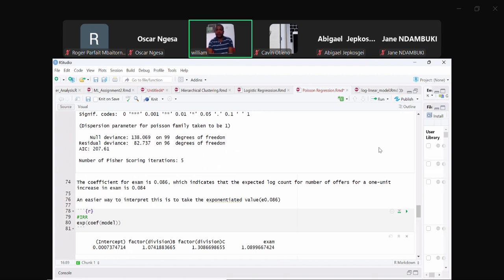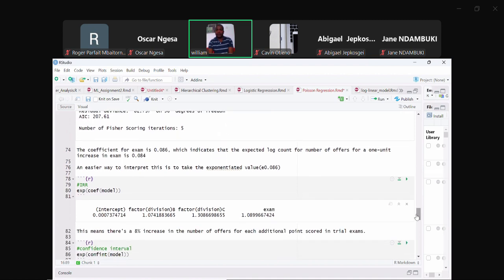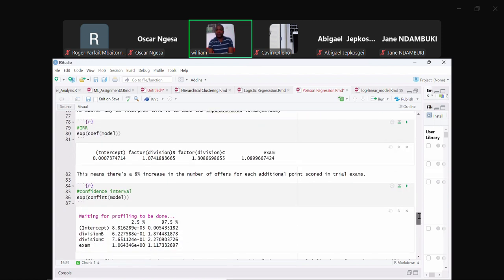Do you think someone without a technical background can understand this? No. That's why we have to go for the incident rate ratio. As we already saw in the slides, we take the base of the natural logarithm, e, and raise it to this power. This is exactly what this code does. And now if we look at this output, this means we can interpret it in an easier way.